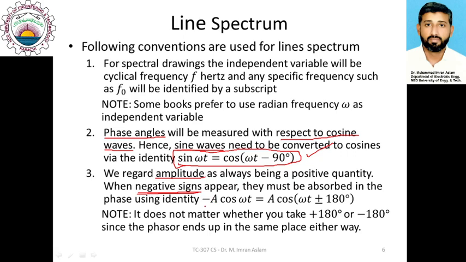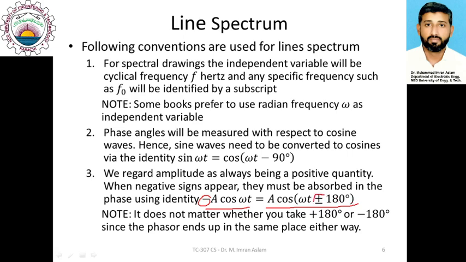So we have a standard trigonometric identity which is given here. If we have a minus A cosine omega t function with a negative amplitude, this negative amplitude would be absorbed in the phase angle by using this relationship, A cos of omega t plus or minus 180 degrees.